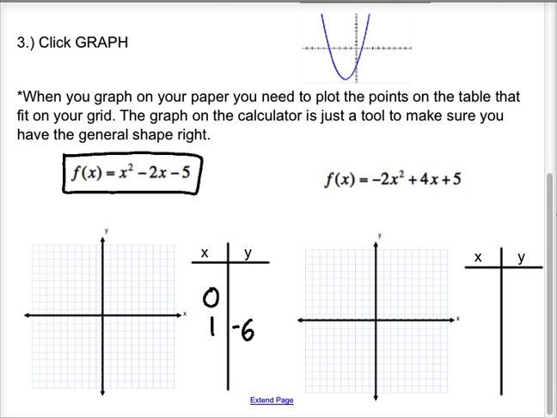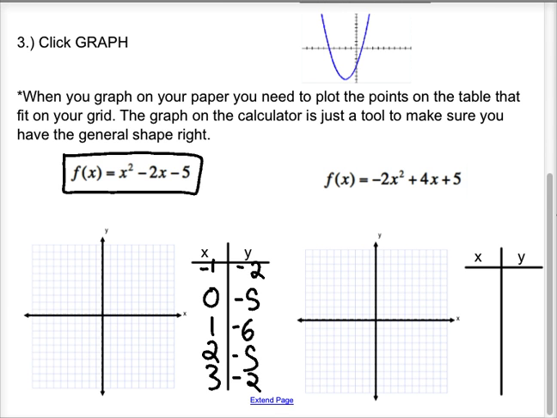So I'm also going to put in 0, -5, 2, -5. Then I'm also going to use -1, -2, and 3, -2. Again, notice that symmetry, that above and below that -6, you're getting the same numbers. That's important. That's how we knew to start at that value.